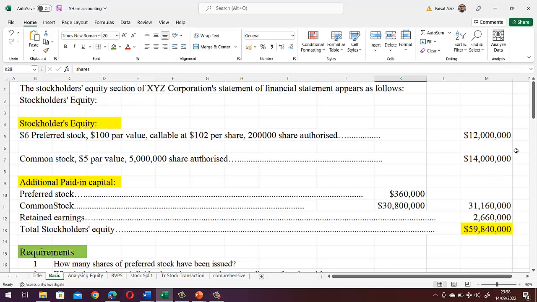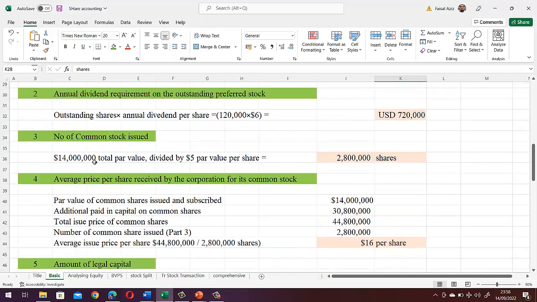So by simply dividing 14 million by this $5 par value, it will give us the common stock outstanding. Here you can see the common stock issued, 14 million, is the total par value, and it is divided by the $5 par value per share. So this will give us 2,800,000 shares outstanding. This is how we can calculate common stock outstanding.